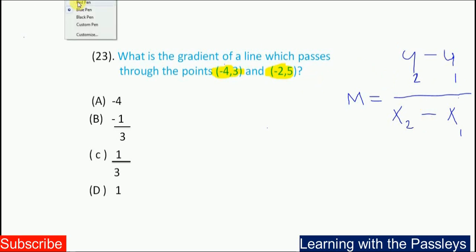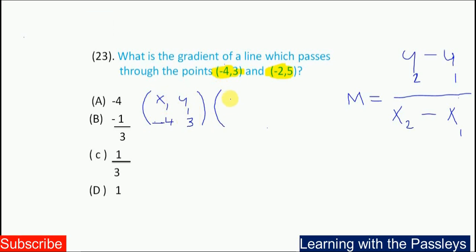I am going to write in bracket here x1 and y1, close bracket. What is the value for x1? x1 is minus 4. y1 is 3.